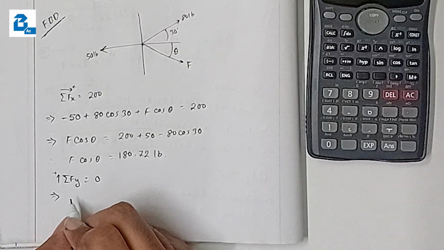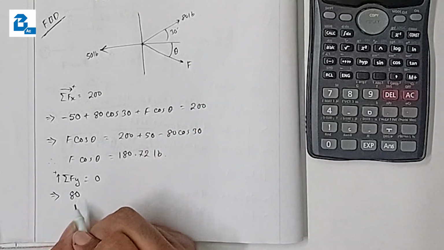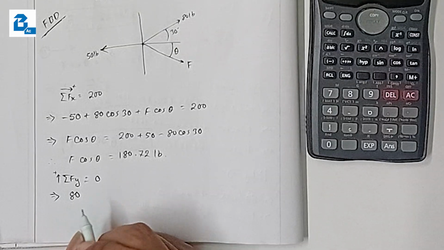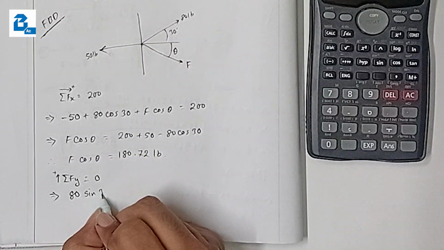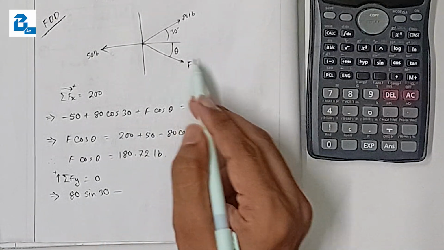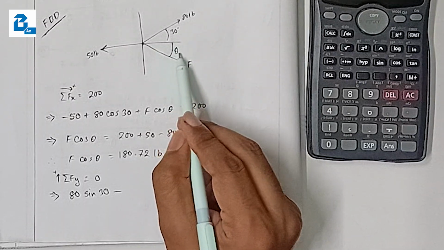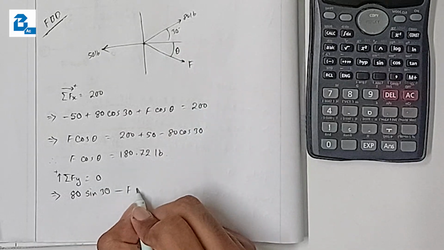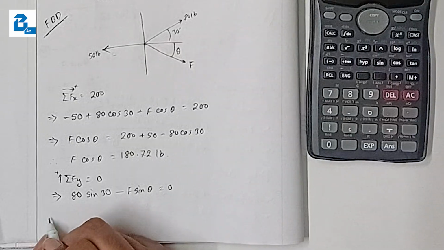For the 80 pound, which is acting upward, 80, and since it is making an angle with the horizontal axis, we will take sine 30 degrees minus the F force, which is making a theta angle with the horizontal axis, so we will write F sine theta equals 0.